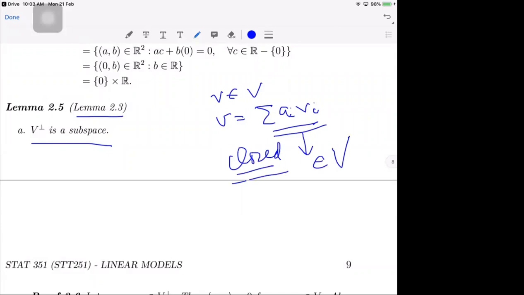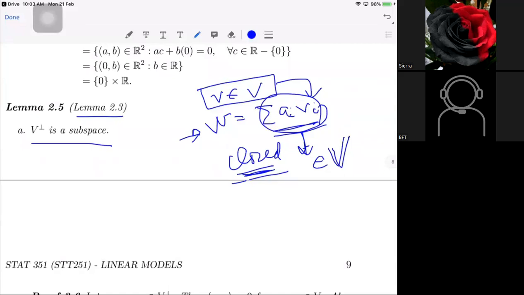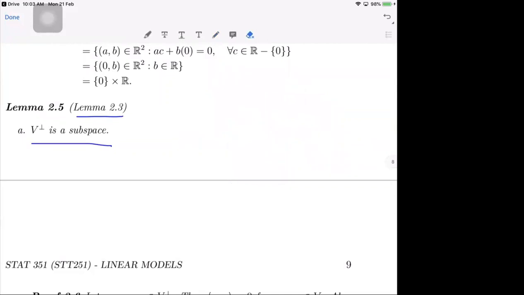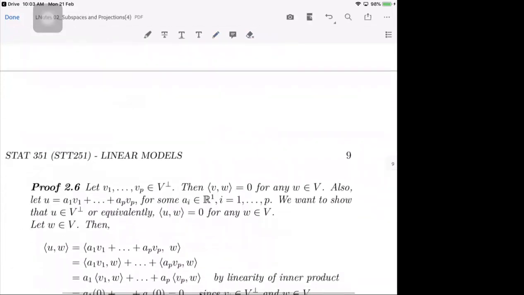Are you with me? Again, you have vectors in V. You define a new vector W, which is a linear combination of the V's here. If you can show that this linear combination is in V, then it is a subspace. Correct? Let's go back to the definition of linear combination. Okay, so let's do that.